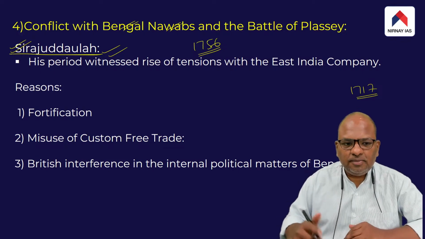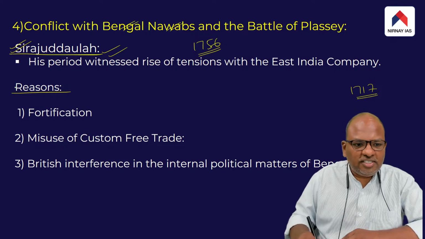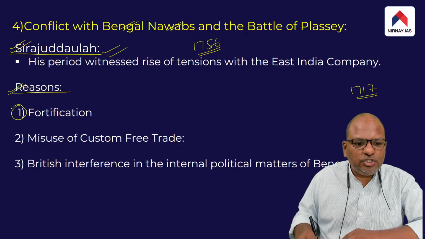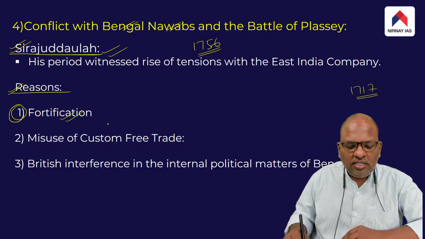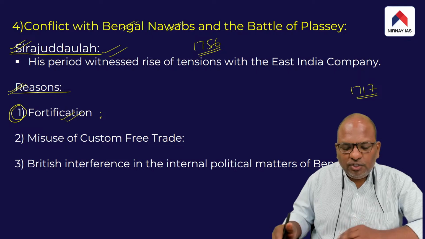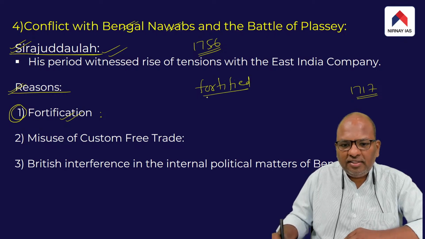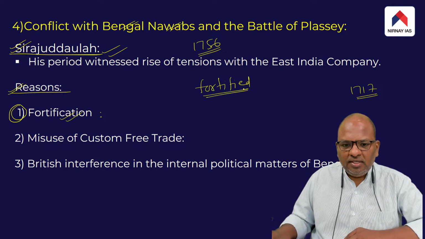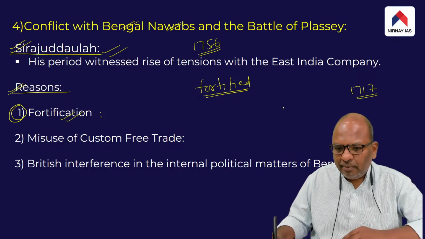But what was the reason for conflict between Siraj and the British? Let us take a look at the reasons. One is the issue of fortification. I told you the Britishers and other European trading companies usually fortified their settlements. These Europeans were basically trading companies, and therefore they constructed warehouses.